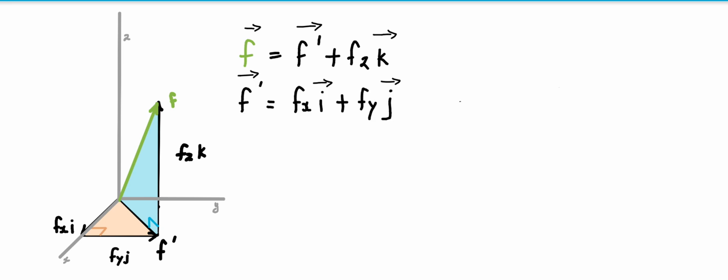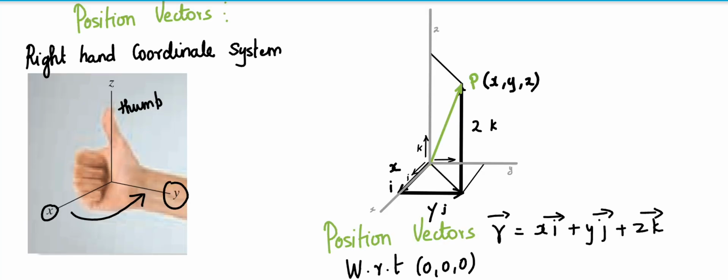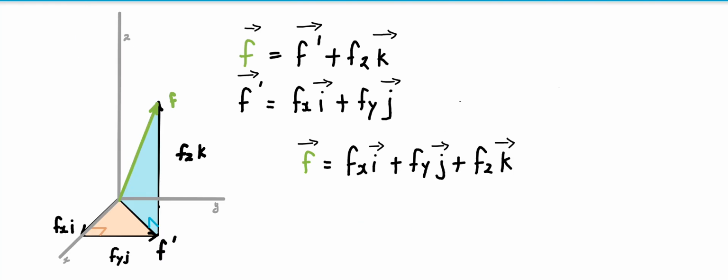With this I can represent the F vector as Fx i plus Fy j plus Fz k. In the previous case, for the position vector, you can generally accept without any manipulation that the position vector represents the position of P from O. But here you can see we have used this triangular resolution to come up with this conclusion: the F vector is equal to Fx i plus Fy j plus Fz k.